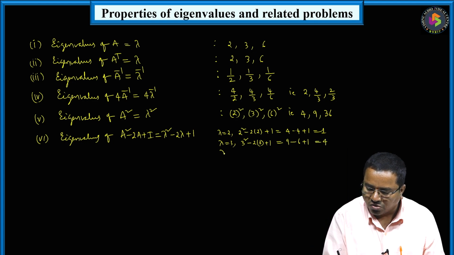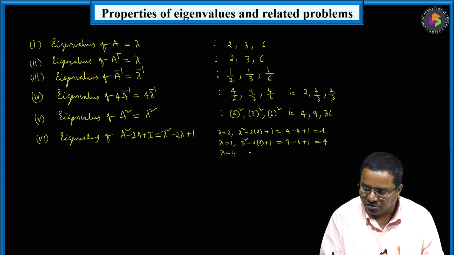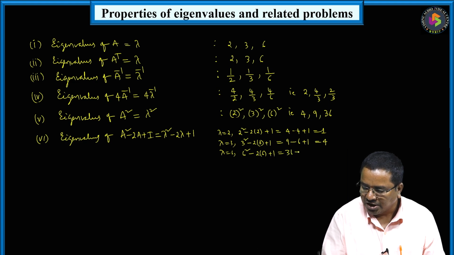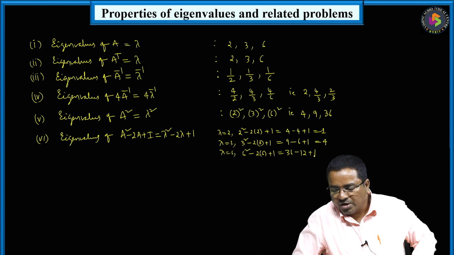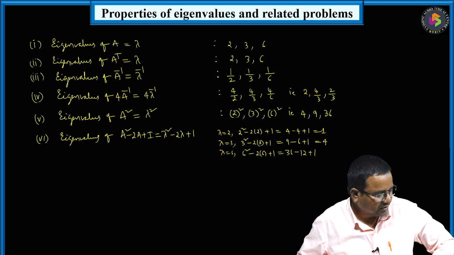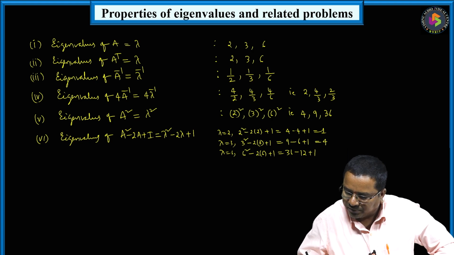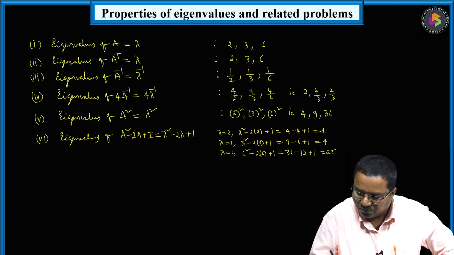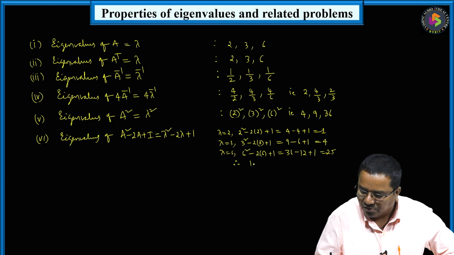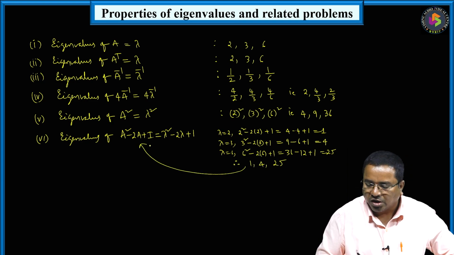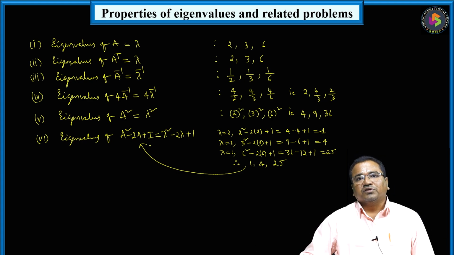So next, lambda equal to 6, if you substitute in this equation: 6 square minus 2 times 6 plus 1. 36 minus 12 plus 1. 36 minus 12 is 24, plus 1, we get 25. Therefore 1, 4, 25 are eigenvalues of the matrix A square minus 2A plus I.